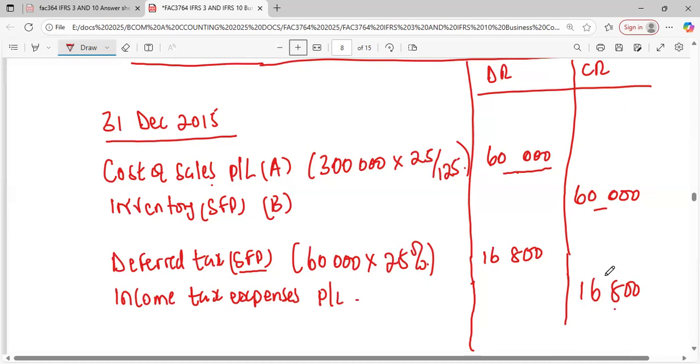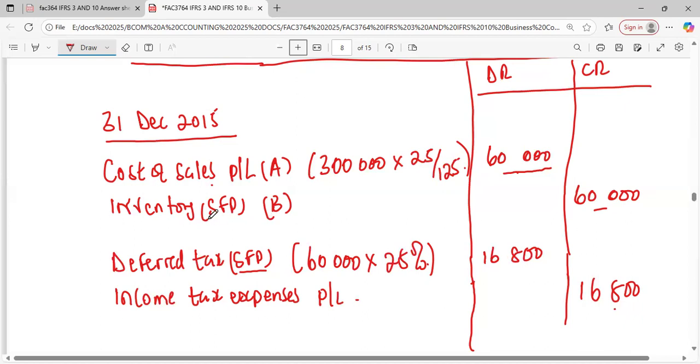So which means in your consolidation, these are the additions and subtractions that you will be doing. You go to your income tax expense and reduce by 16,800. You go to your statement of financial position and increase your deferred tax asset by this amount.